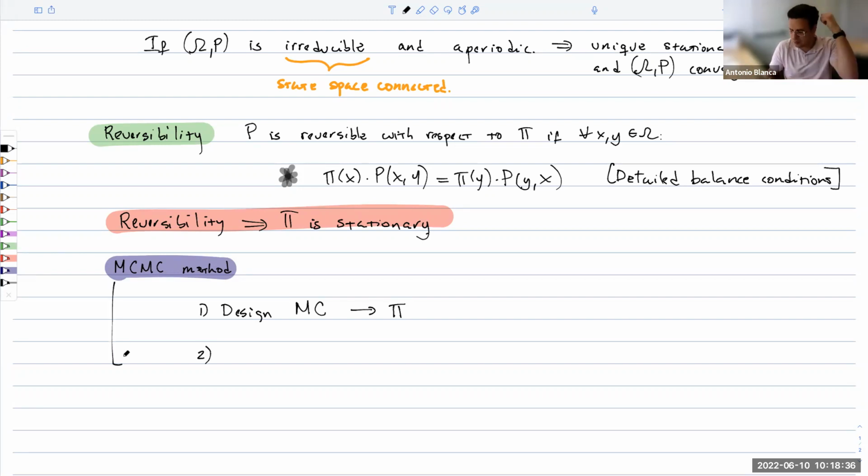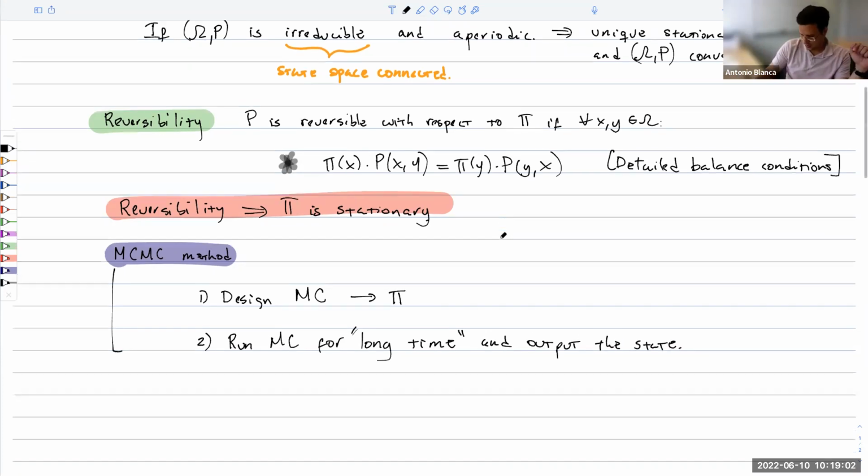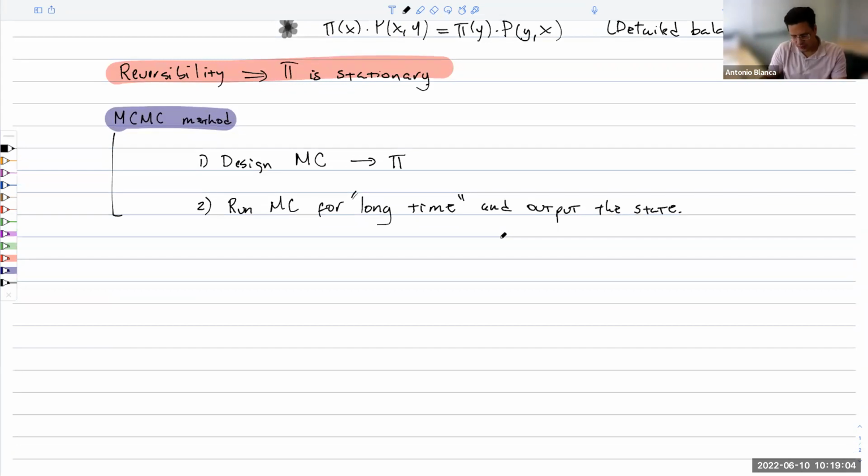But then a very important question concerns the second step of the MCMC method, which is: run the Markov chain for a long time, and output the state, right? And this is how Markov chain Monte Carlo algorithms work in practice.